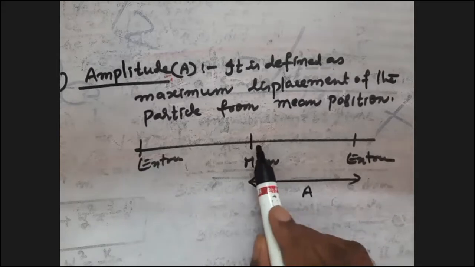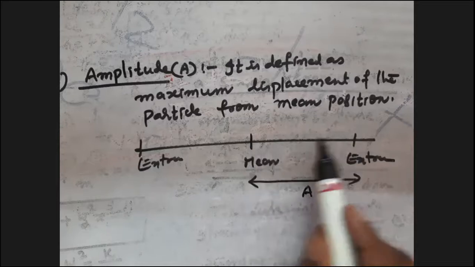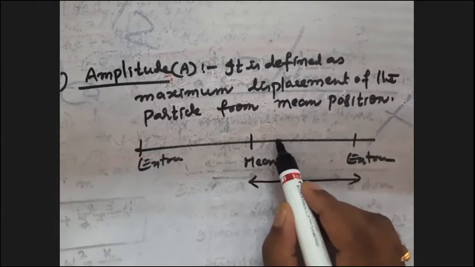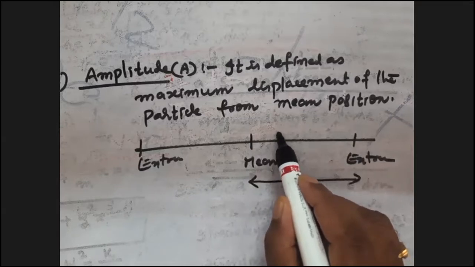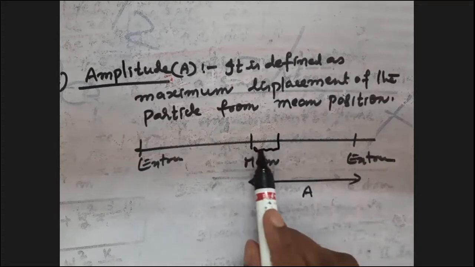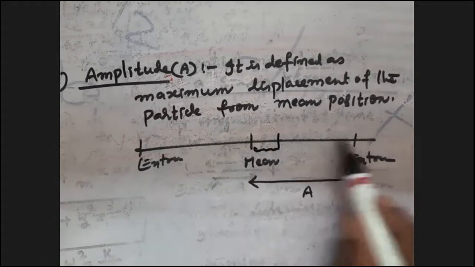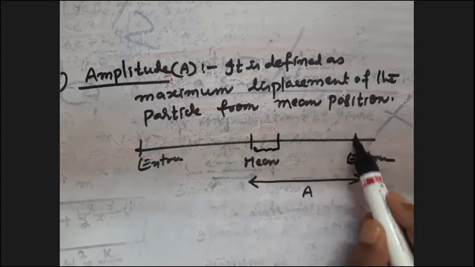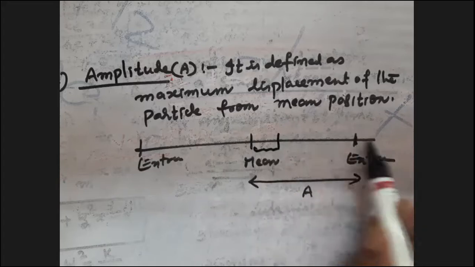So when the particle is moving from the mean to the extreme position, for example, at any instant of time, if it is here, this much is the displacement. Like that, the particle can move up to the extreme position. After that, again it comes back.